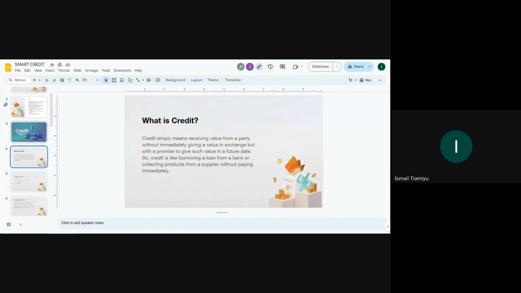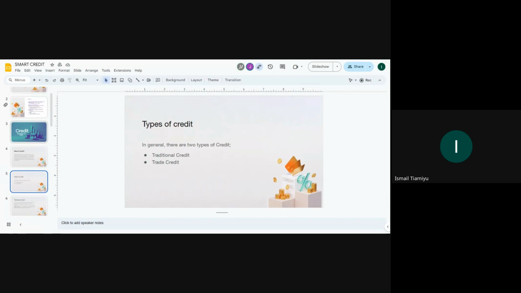That is, you are getting credit from a party, either it's a bank loan or a product that you are receiving from a supplier, and you are not paying immediately, or you are promising the supplier that at a particular future date, you are going to make the payment. That is what credit simply means.